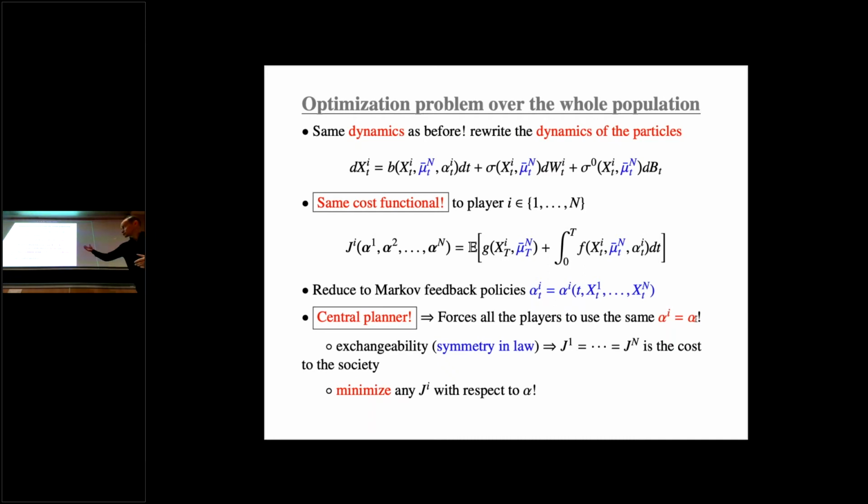And so you want to minimize with respect to alpha. So this is not the same. This is absolutely not the same. It does not lead to the same kind of equilibrium when n is finite, nor when n is equal to infinity. And I will show you what is the difference. But there are some connections between this problem and mean field models, and mean field games.